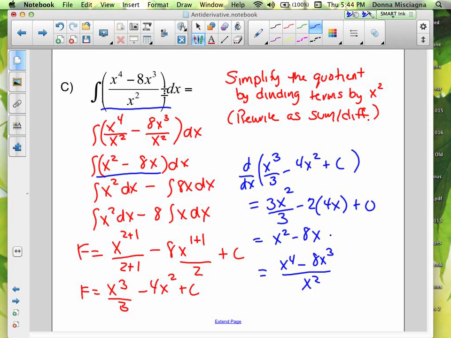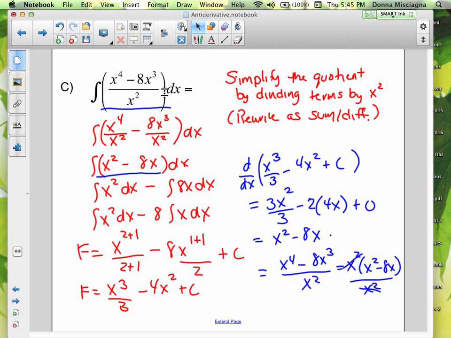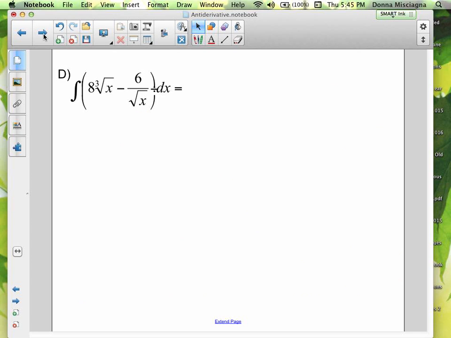So we can reduce, because we could factor out that x squared, and we'd have x squared minus 8x divided by x squared, and look, there it is. So there you can see that our answer checks out. I'm just doing those on a couple just to show you, yep, it's correct.